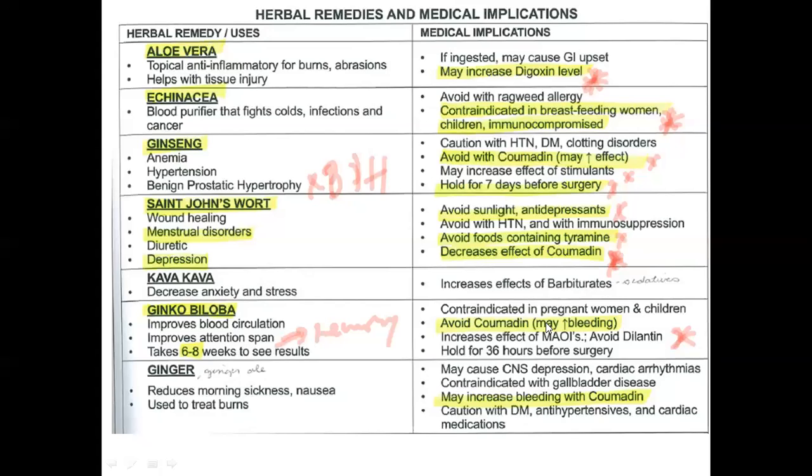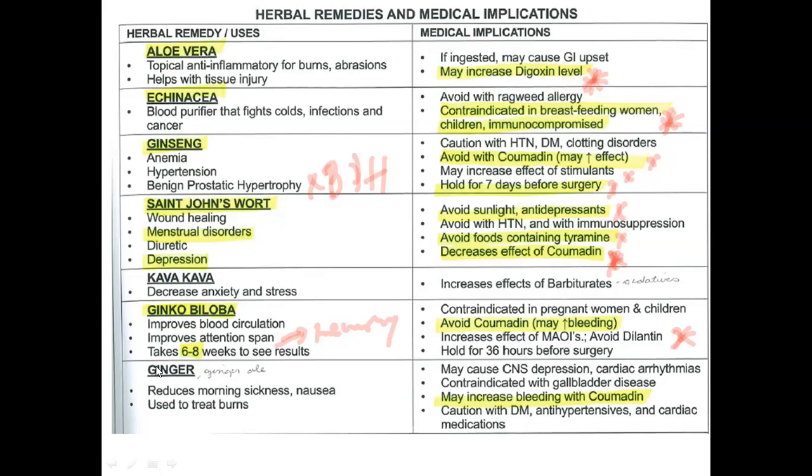If your patient is psychiatric and takes the monoamine oxidase inhibitor, it is not good to give together. It is not to be given to those who take the monoamine oxidase inhibitor. Also, patients should avoid Dilantin. So if your patient has to go for any kind of surgical operation, it is good to hold it for 36 hours before surgery.